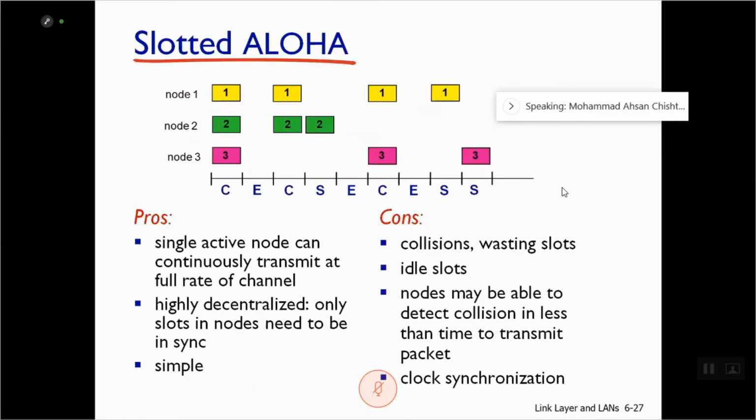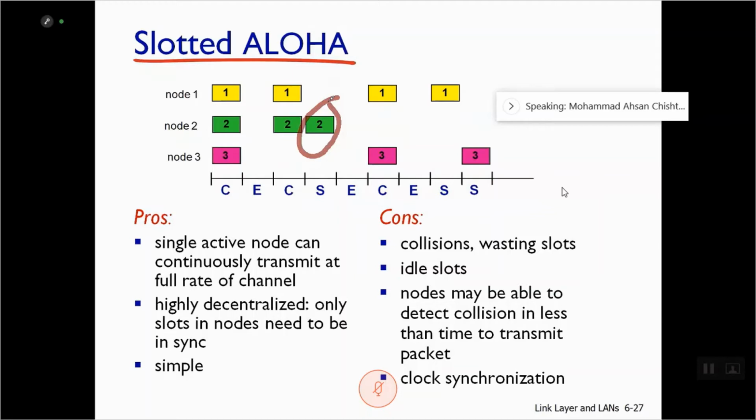The advantage that we have is when a single node, let's say node 2, successfully transmitted, it was the only one using the channel. So it had a full transmission rate of R. In TDM, it was also divided into times, but the time slots were divided among n number of nodes.